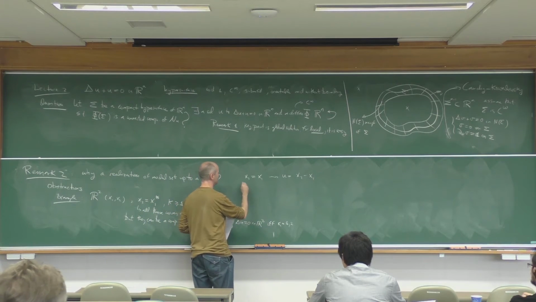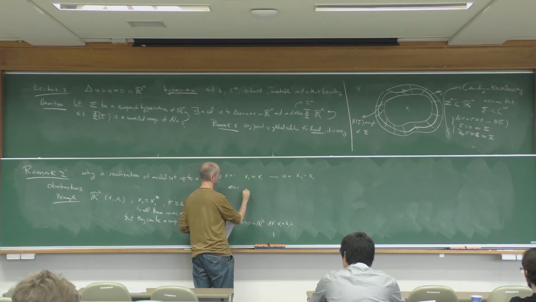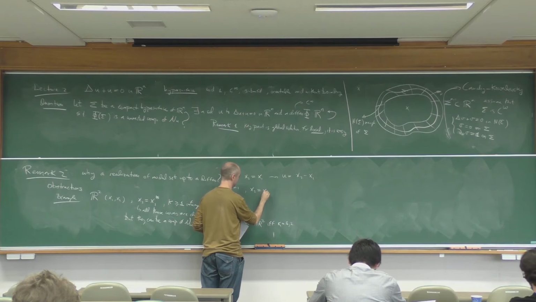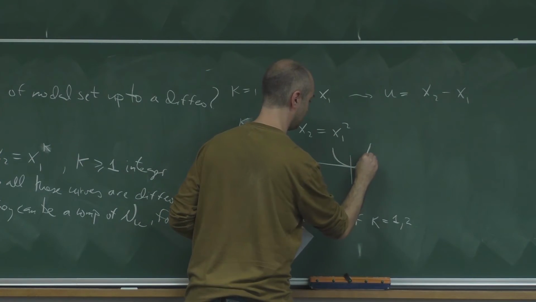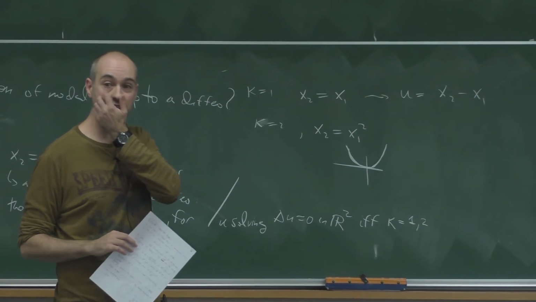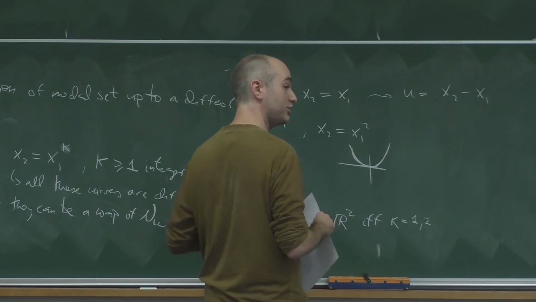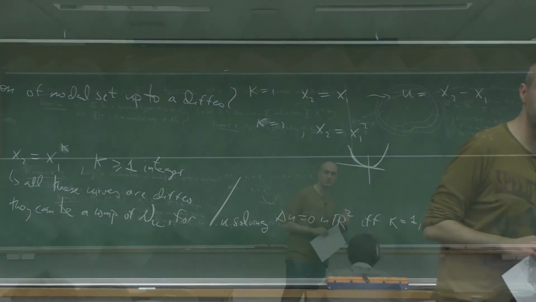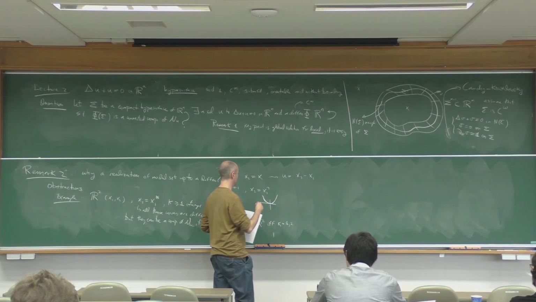So for k equal 2, you have the parabola. This is again the zero set of some harmonic function. But the harmonic function for which this is the zero set is not a polynomial. So, exercise.